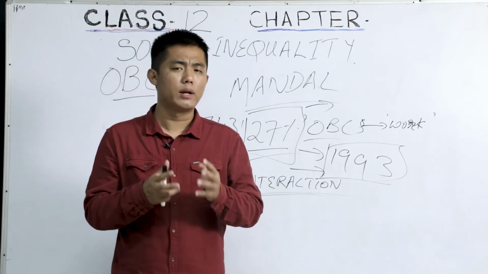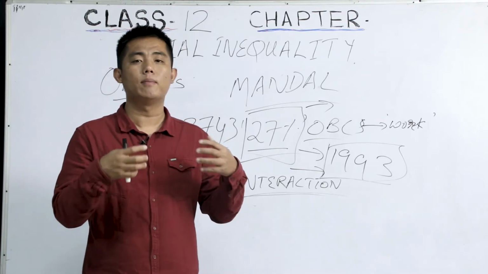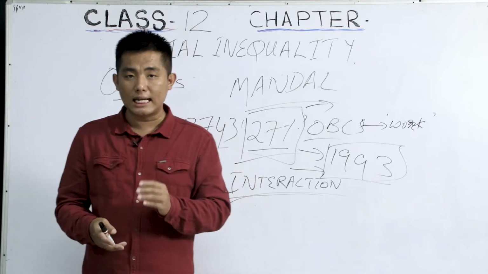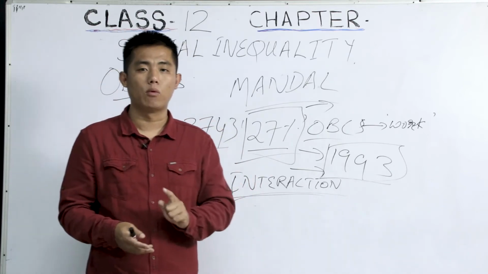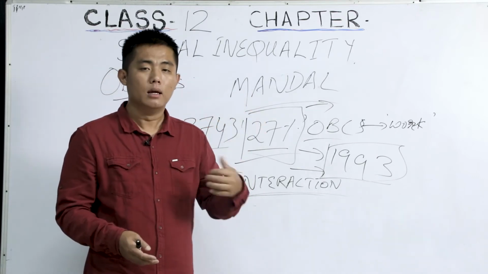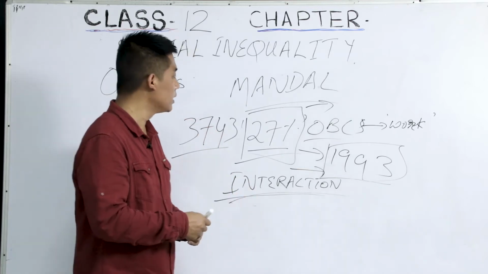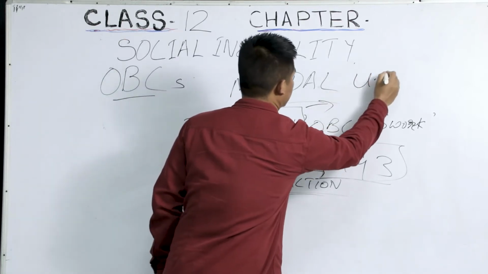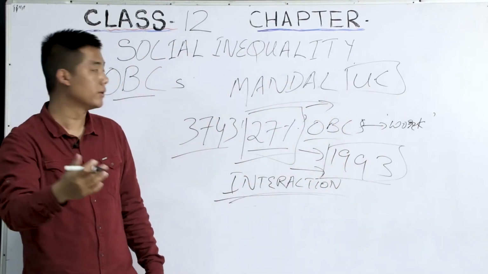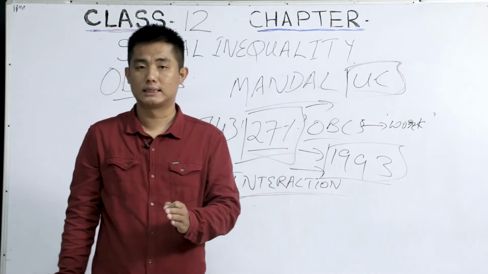They were very much independent. They don't have to depend on anyone. But the second group of people had to depend on the upper caste. They have to work for the upper caste, and this was the reason why the people have to depend on the upper caste.